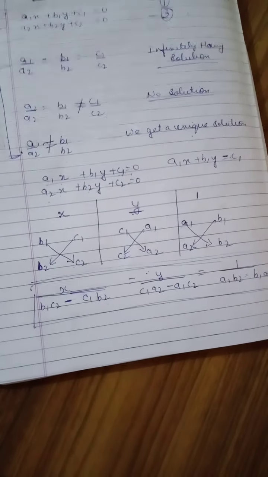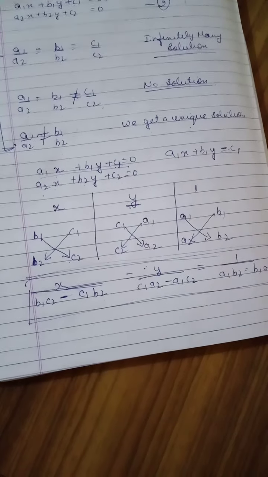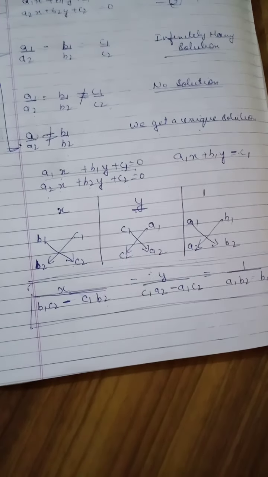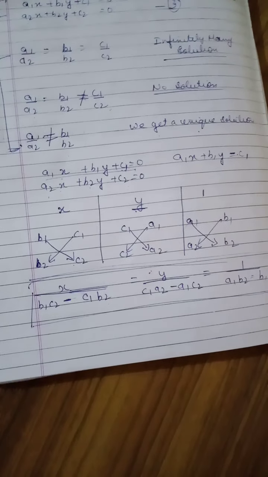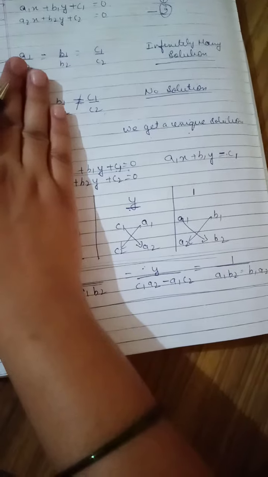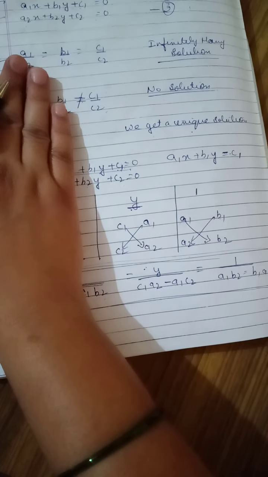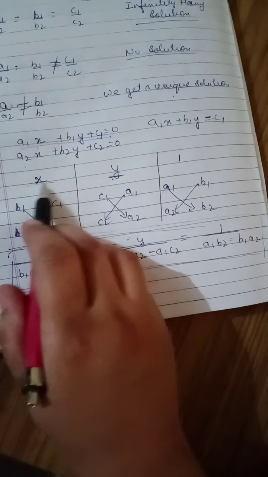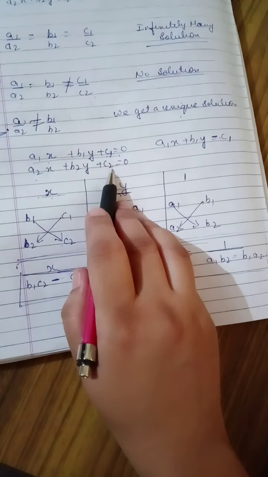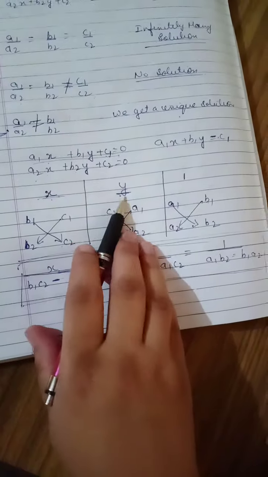How to learn the formula of cross multiplication? It is a very simple thing, you are not supposed to cram or learn it. If you understand it, then you can do it. I'm talking about x. So hide x, and what you will get is b1, b2, c1, c2. So for x, we have to use the coefficients of y and the constant number. Now I'm talking about y.